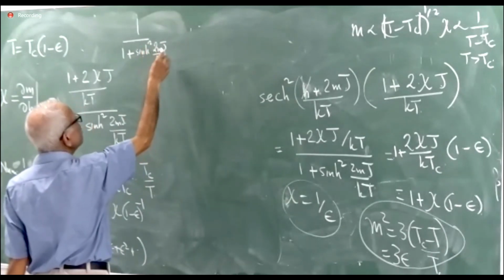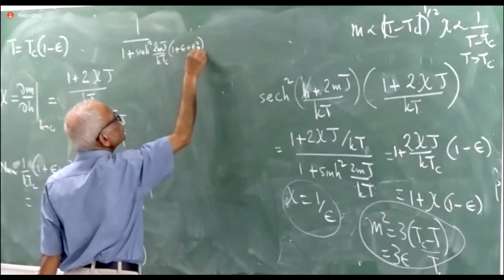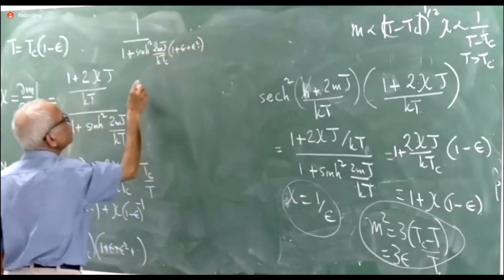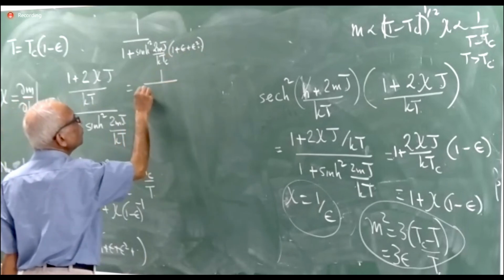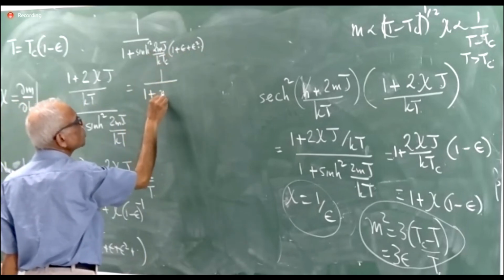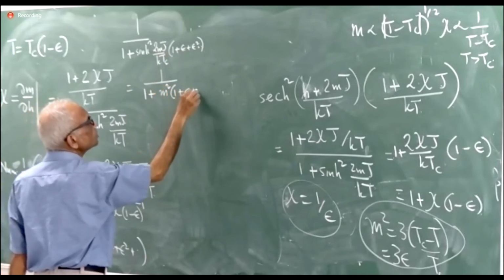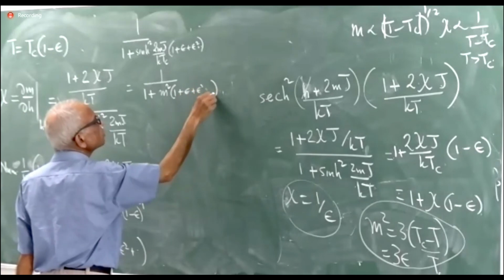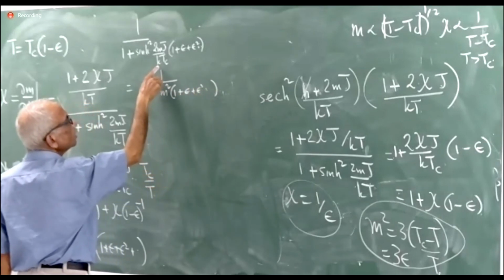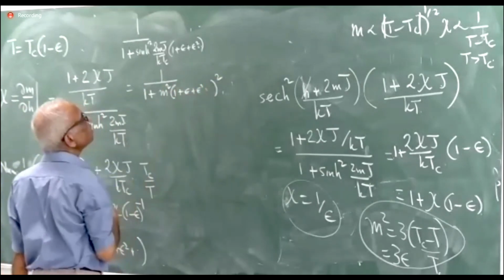This is T, which is 1 plus epsilon square, and so on. This is 1 over 1 plus sinh squared m square into 1 plus epsilon square and whole square, right?